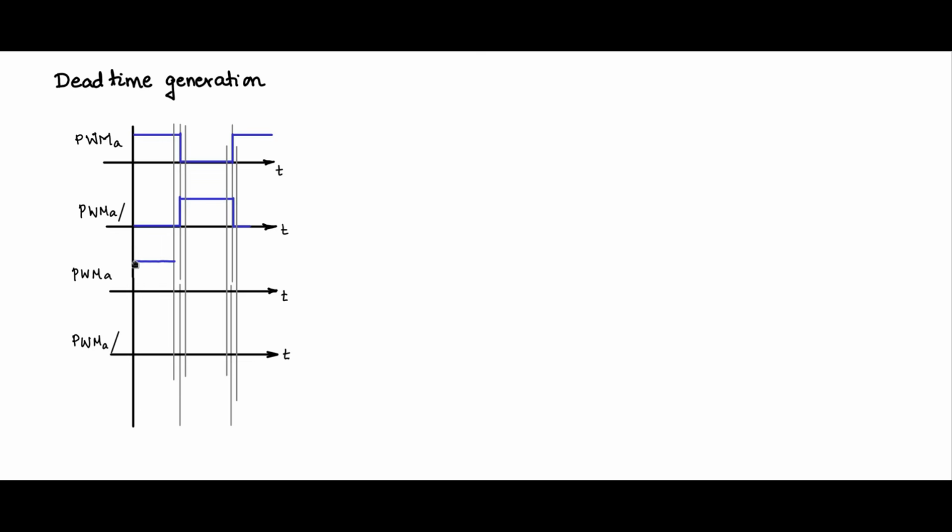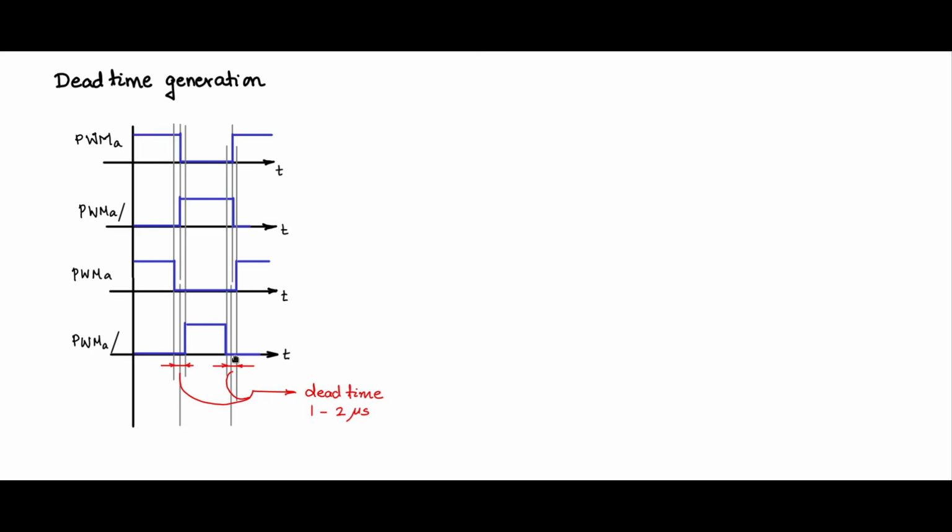So which means that PWM A should go low earlier and come up later in this fashion. Going down should be earlier. Likewise, PWM A bar should go up later and come down earlier in this fashion. So in this fashion, you have a dead band here, and that is called the dead time. And this can be a fixed time, and it is normally a very, very small percentage of the on times, and this is of the order of 1 to 2 microseconds.